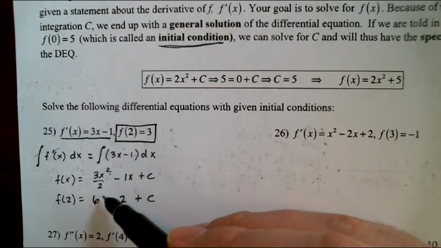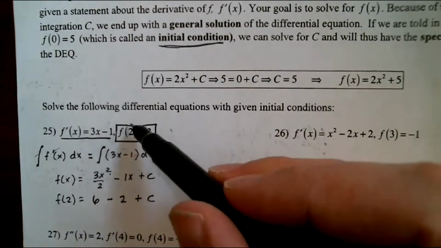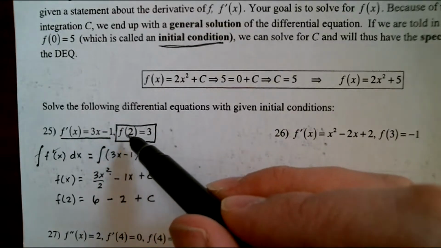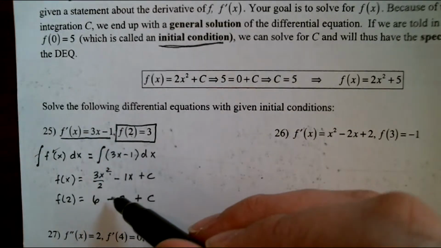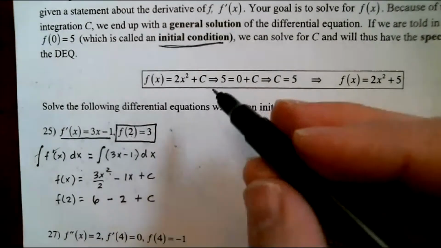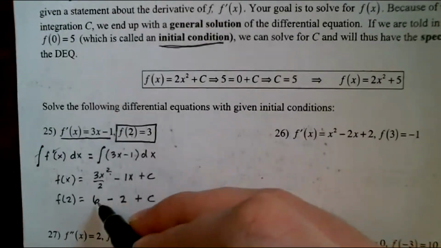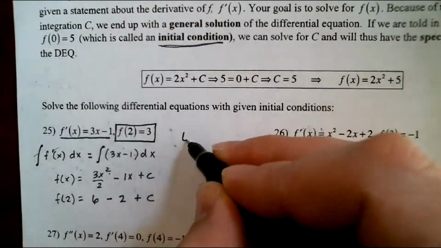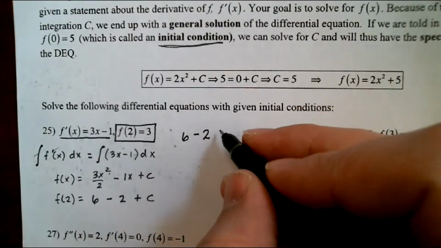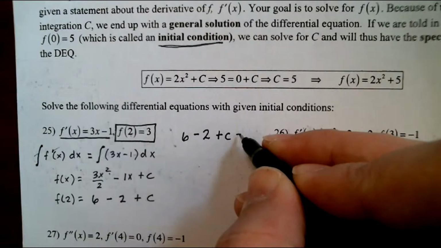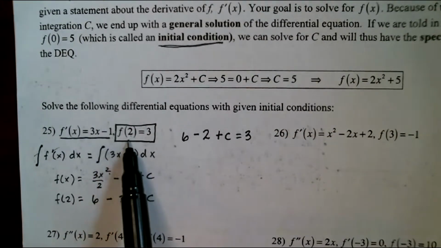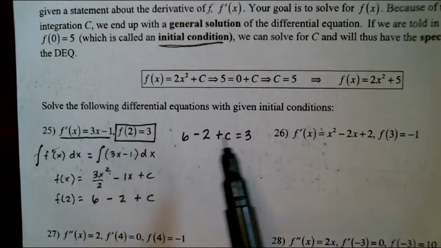Once we get to this general solution, we then take the initial condition that the problem gave us, plug 2 in to see what we get here. And then from there, we're just going to set this right here equal and solve for c. 6 minus 2 plus c is equal to 3. So when x is 2, f is equal to 3.